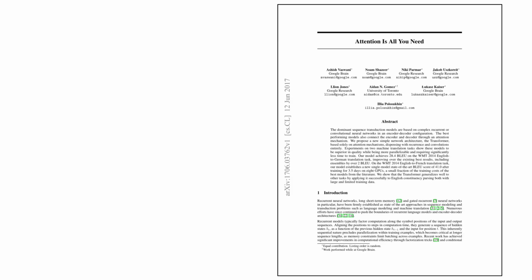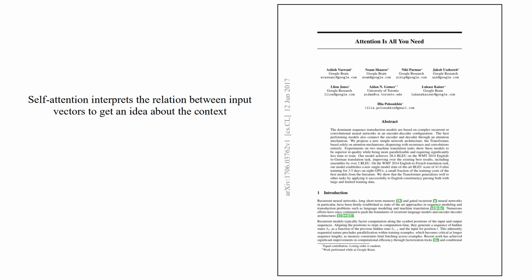Before multi-head attention, let's inspect its building block, self-attention. Self-attention interprets the relation between input vectors to get an idea about the context. Specific version used in transformer is called scaled dot product attention, and it is described in the Attention Is All You Need paper.